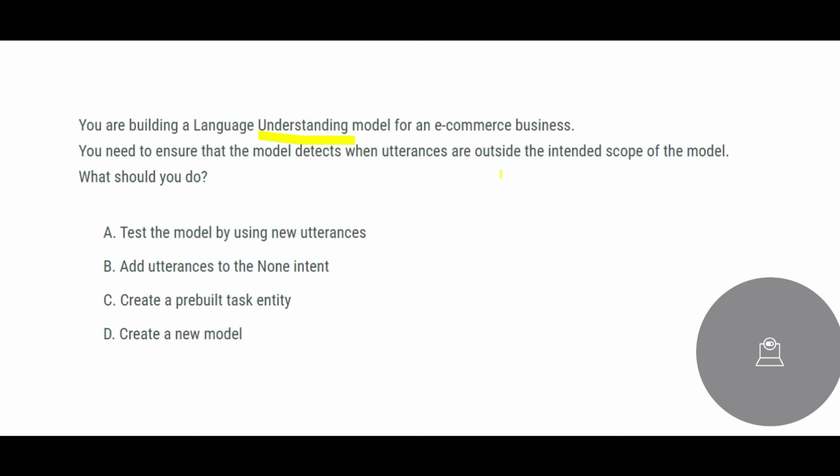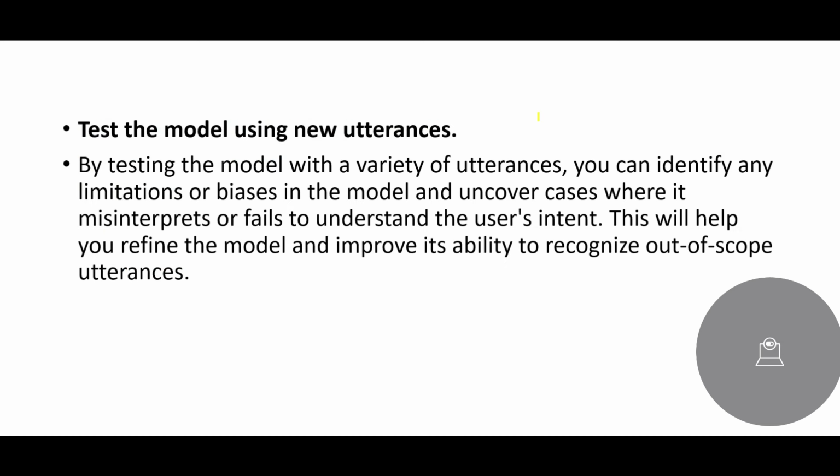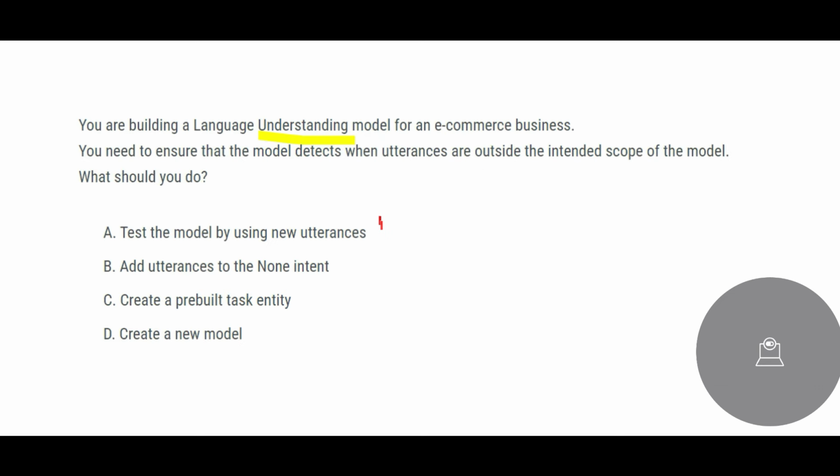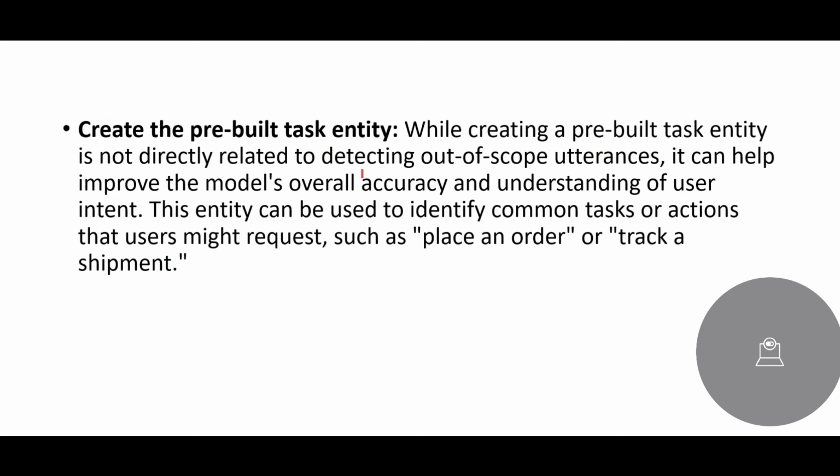Should you test the model for new utterances? You can do that, but then again, you will have to do some kind of testing or training. That may be required in the next step. But when we talk about a pre-built task entity, this is not directly related to out of scope utterances.